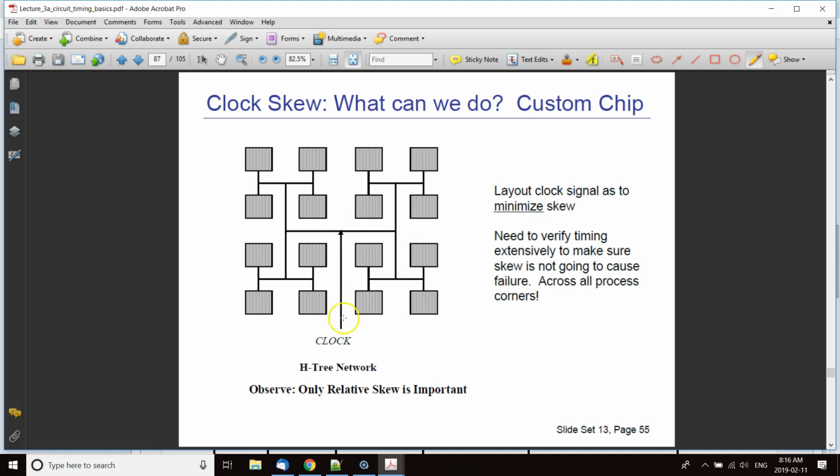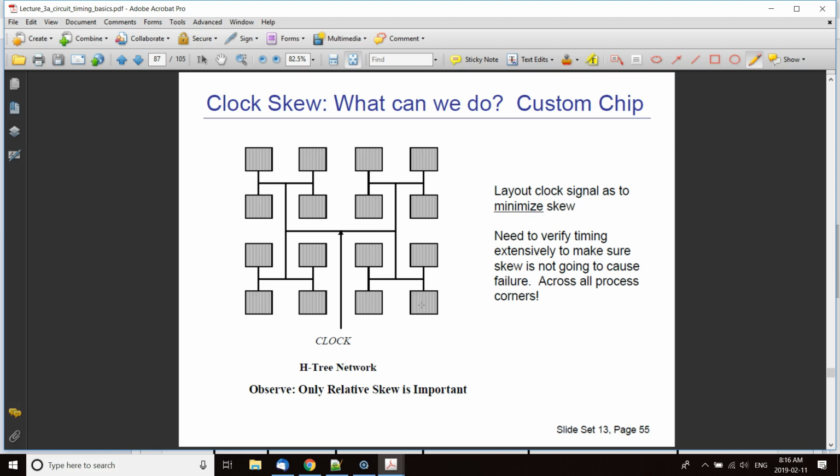So there's a common thing called the H tree, right, where you can see that the path to each flip-flop here from the clock is the same length, or basically the same delay, right? So as long as that is controlled to a good tolerance, then we've got very minimal skew and no problem, right?